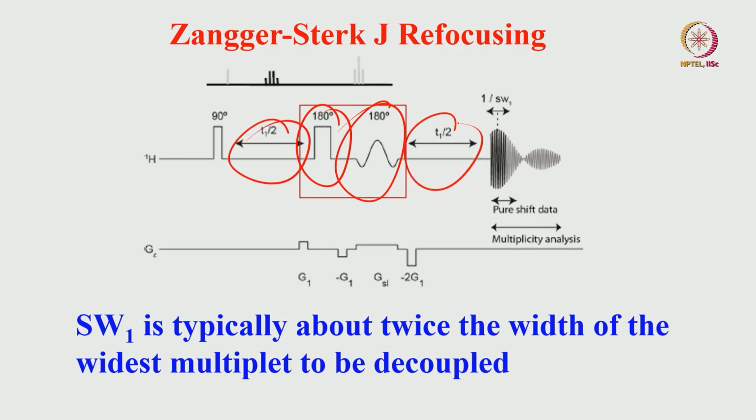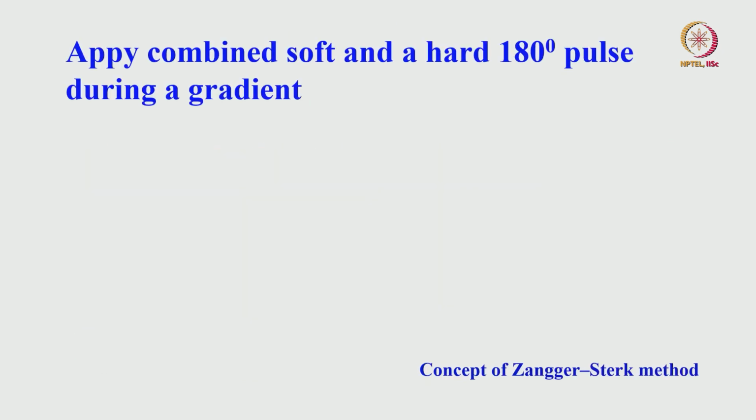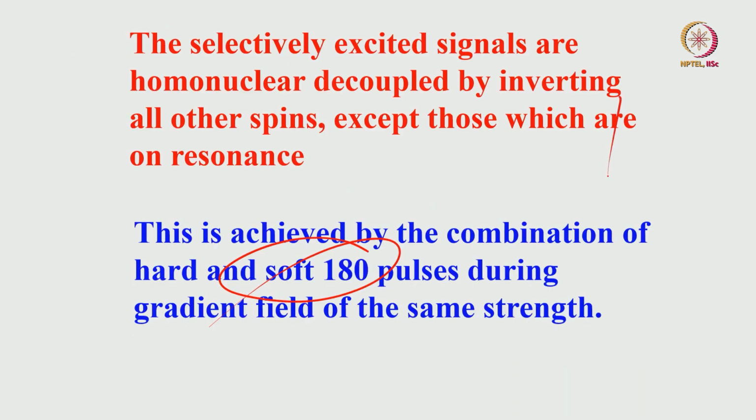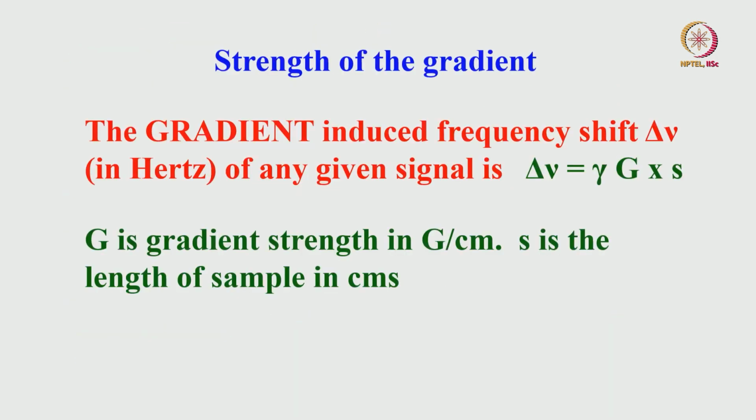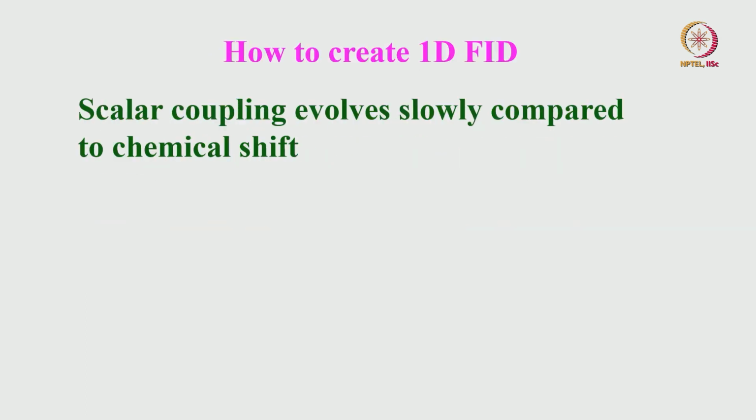By applying this hard and soft 180 pulse, we can do selective decoupling. By inverting all other protons, homonuclear decoupling can be achieved. You may ask, fine, we can do the decoupling, but what is the strength of the gradient, how much do you have to put? These are more details, you don't worry about it.